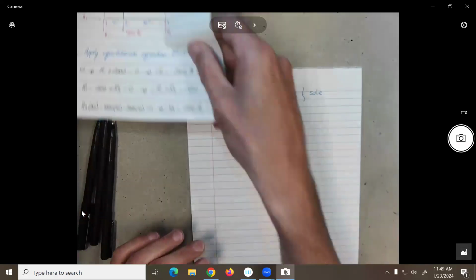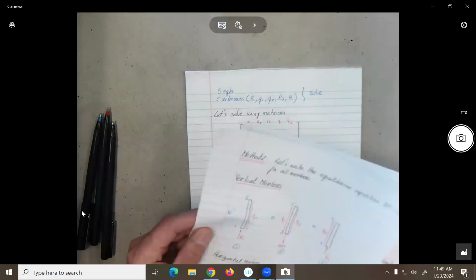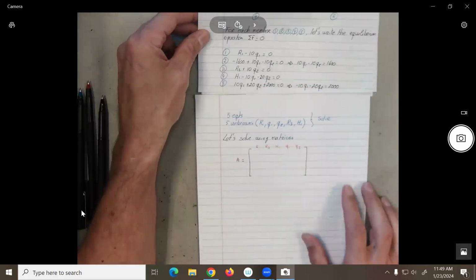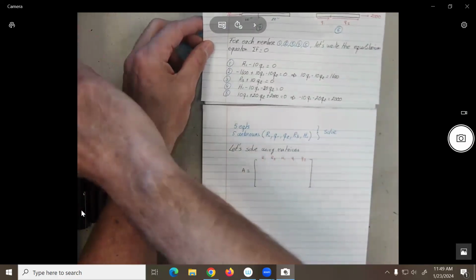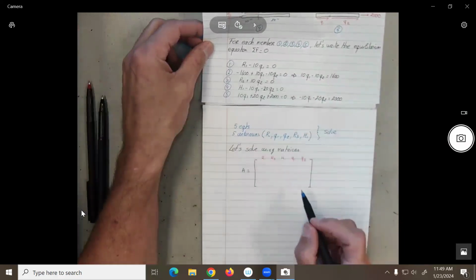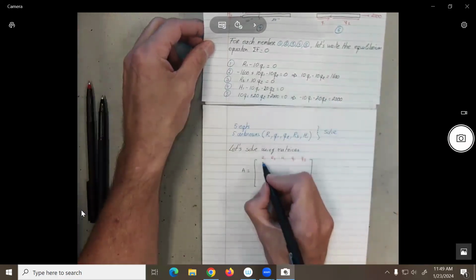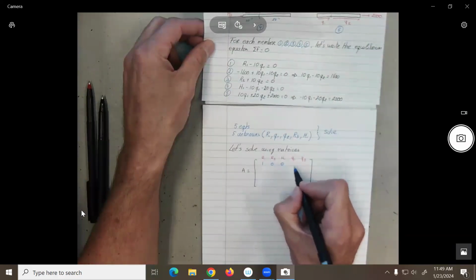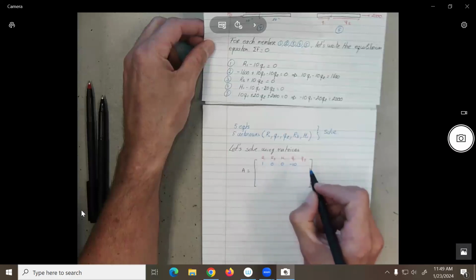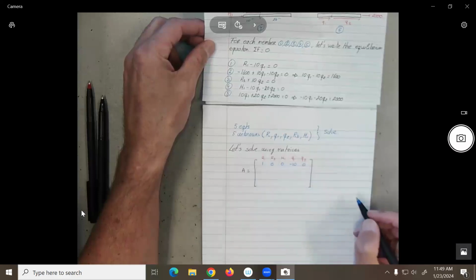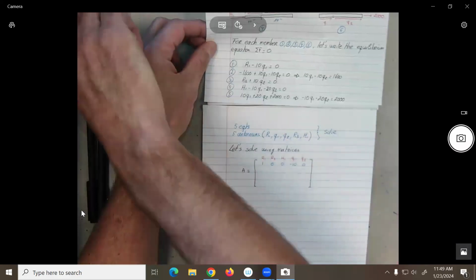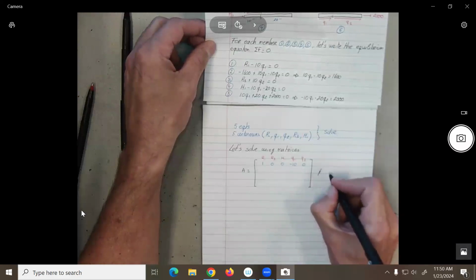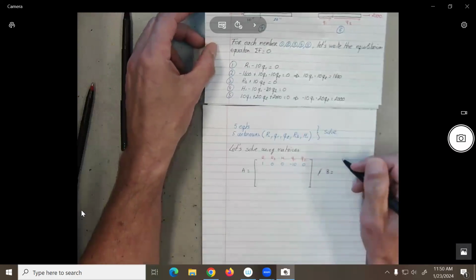Okay, so let's see. What are the equations that we have over here? If we look at the first equation, what do we have? R1 will be 1, 0, 0, negative 10, 0, no? Okay, and over here, let's call this one now a vector B. B will be a vector.